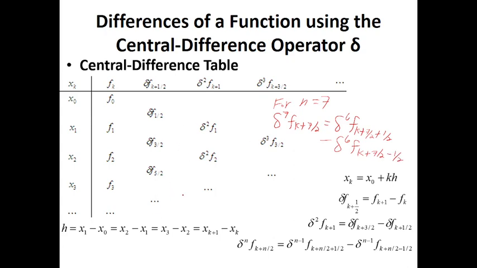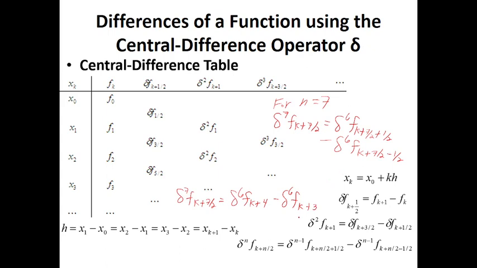So simplifying that, we have delta to the power of 6 f sub k plus, 7 over 2 plus 1 over 2, that is 8 over 2, that is 4. K plus 4 minus delta to the power of 6 f sub k, 7 over 2 minus 1 over 2 is 6 over 2, that is 3. So k plus 3. There.